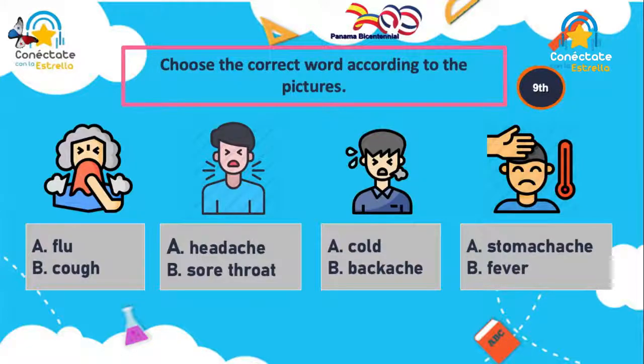So that will be flu, or that will be cough. When you say achoo, achoo, and you need to cover your nose. So what will it be? Letter A, flu, or letter B, cough? I think it would be letter A, flu. Exactly. In the same way, you will pay attention to the picture, analyze exactly what illness it is, because that's what we are going to talk about today, and you select letter A or letter B.